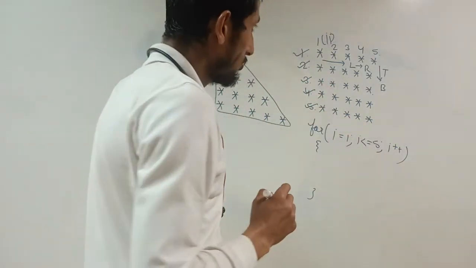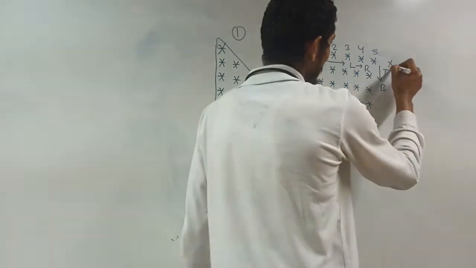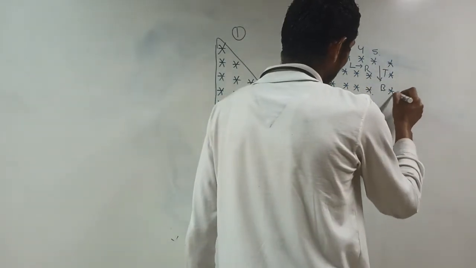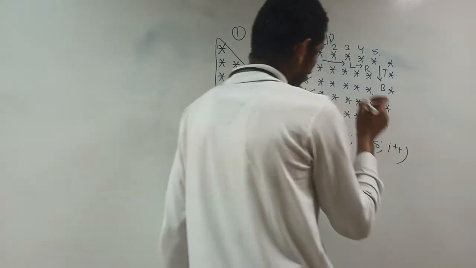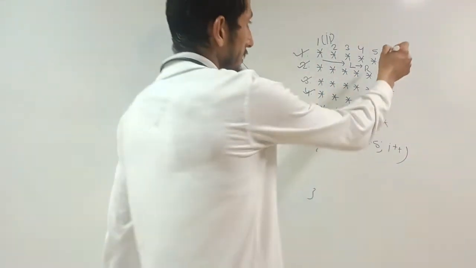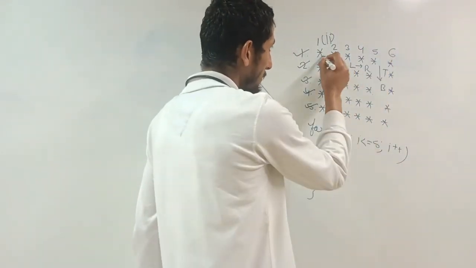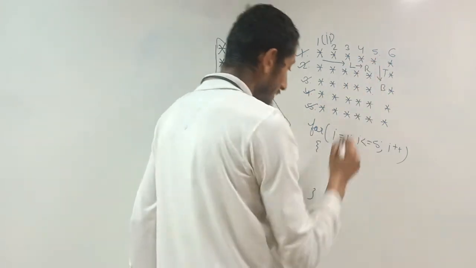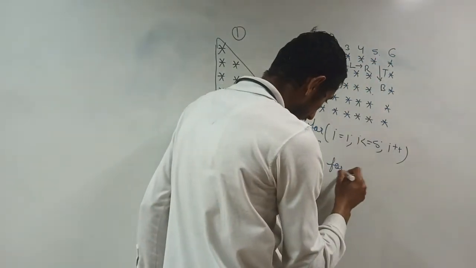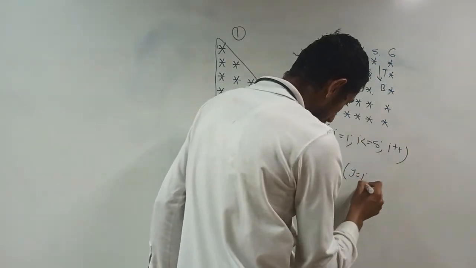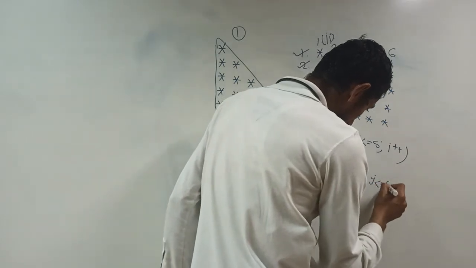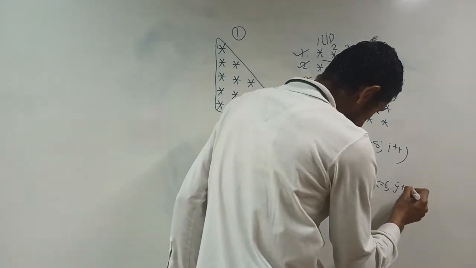And in every row, how many? Let's say I have 6. So in every row, how many columns do I have? I have to print 6 stars. It means I have to apply the loop j equals 1, j less than or equal to 6, j plus plus.